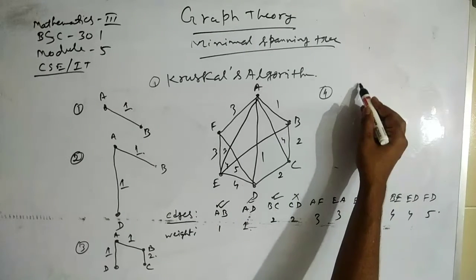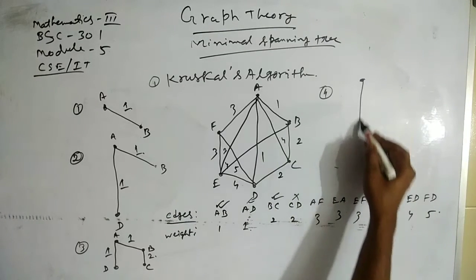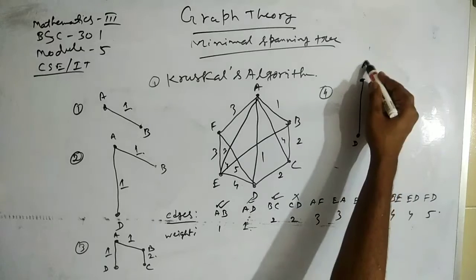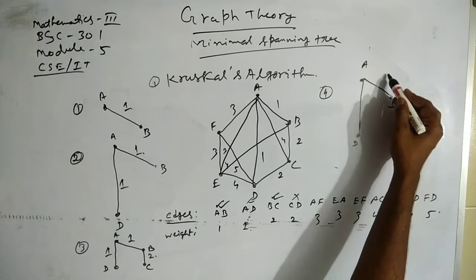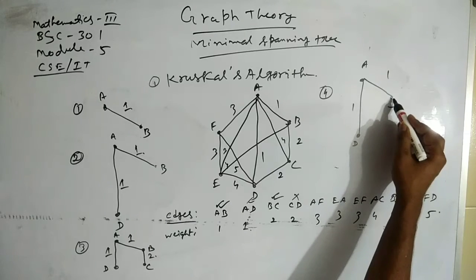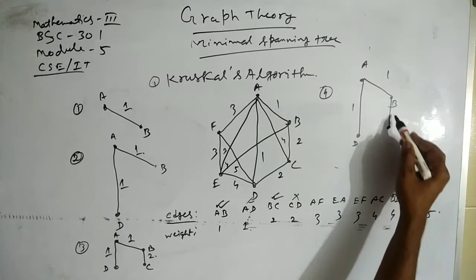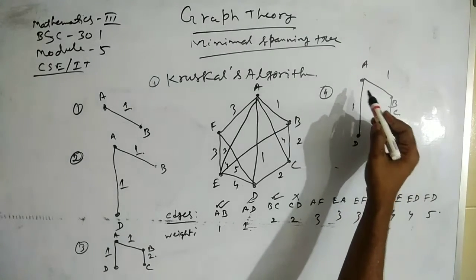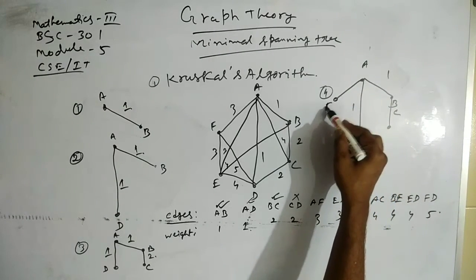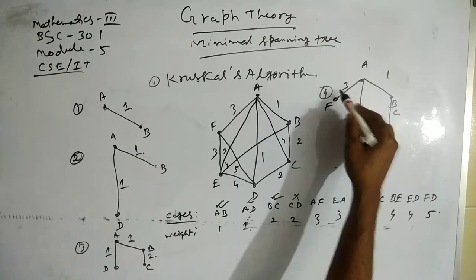Now AB is 1, AD is 1, BC is 2, and the new edge AF. So AF like this, and the weight of this edge is 3.